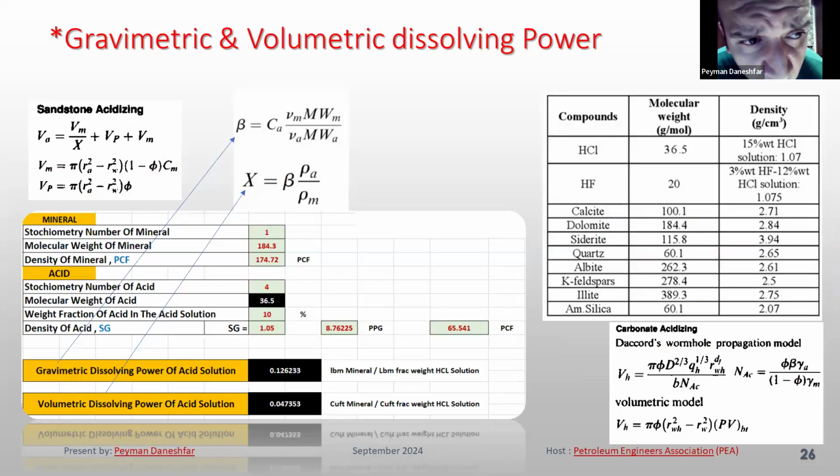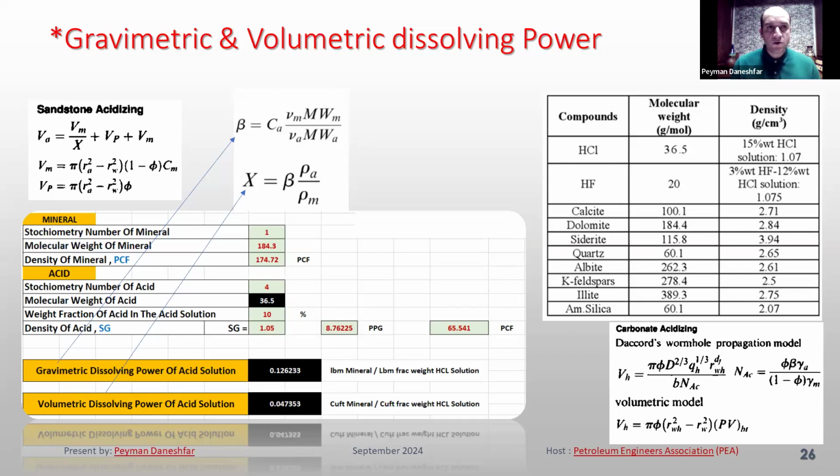Here are some formulas that you should find and know about the gravimetric and volumetric dissolving power of the acid. Why? Because when you know the reaction of the HCl or HF or acid with the formations, you can find the stoichiometry number that is important for finding volumetric and gravimetric dissolving power.